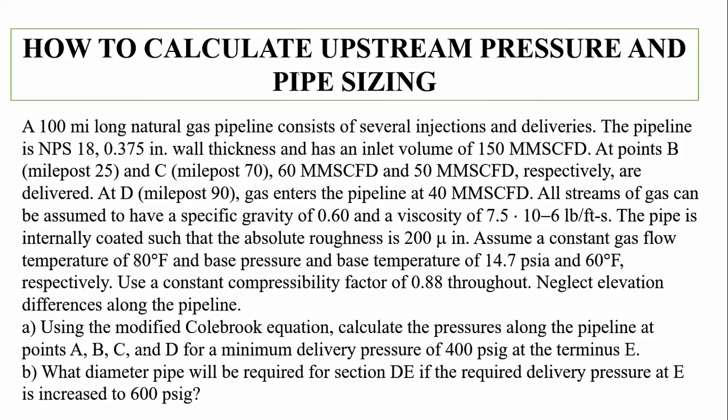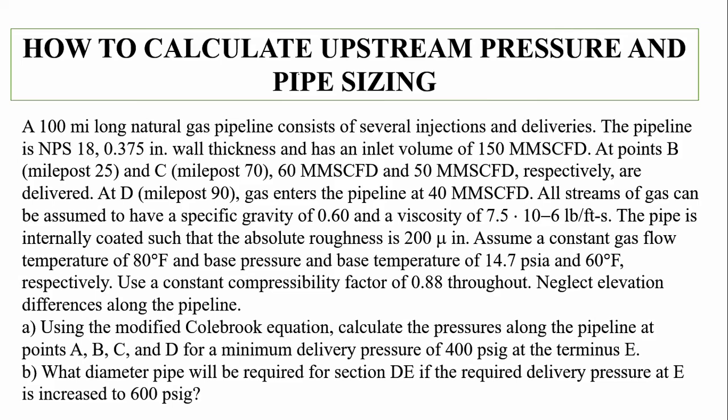All streams of gas can be assumed to have a specific gravity of 0.6 and a viscosity of 7.5 times 10 raised to the power minus 6 pounds per foot-second.